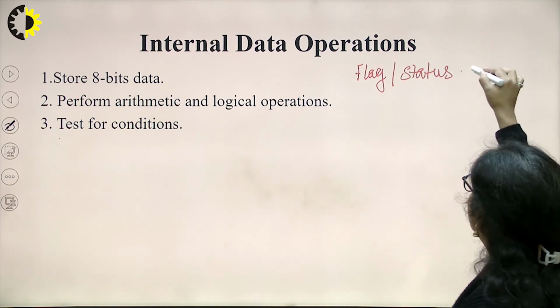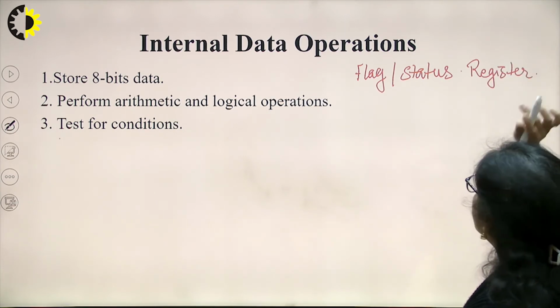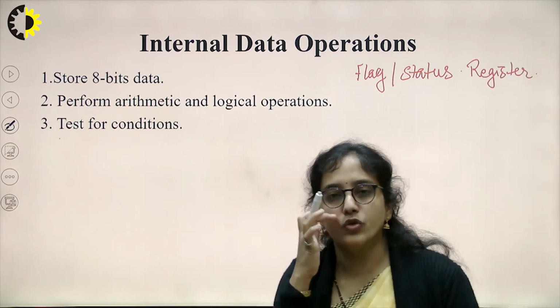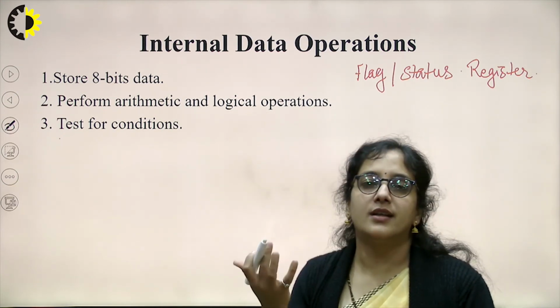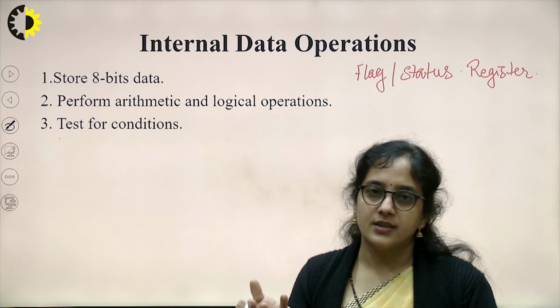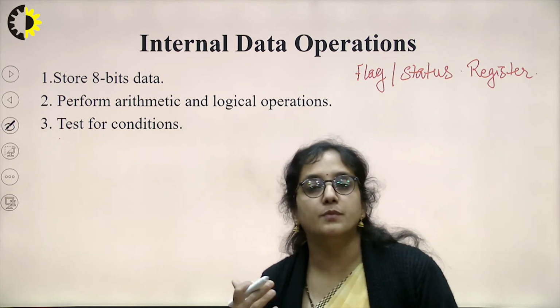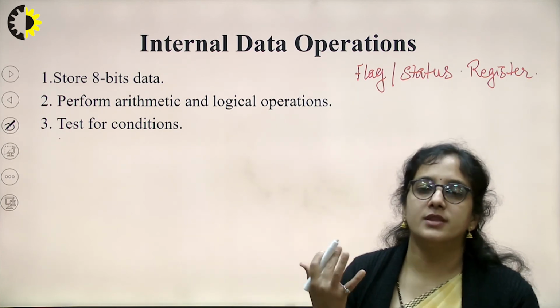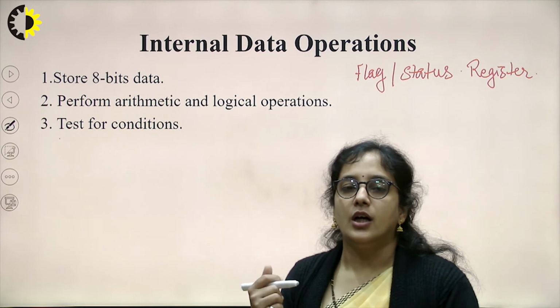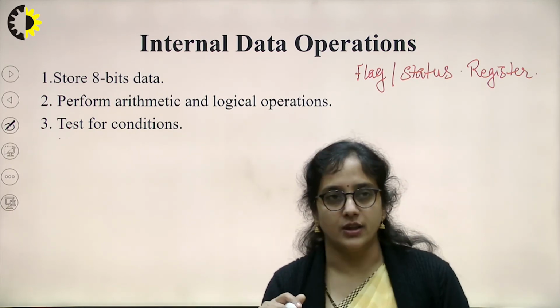Whenever an arithmetic and logical operation is performed, the result is stored in the accumulator, and according to that result some flags in the status register get modified, and then the microprocessor performs some testing operation internally.